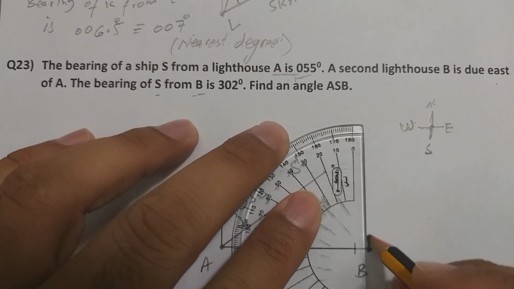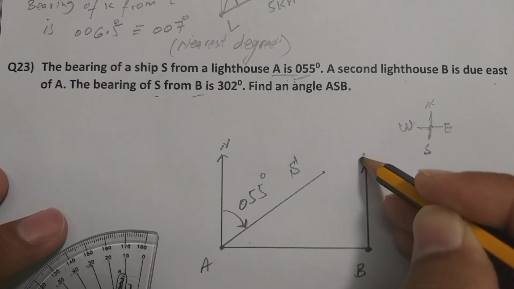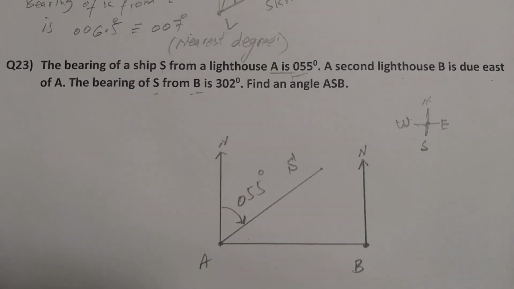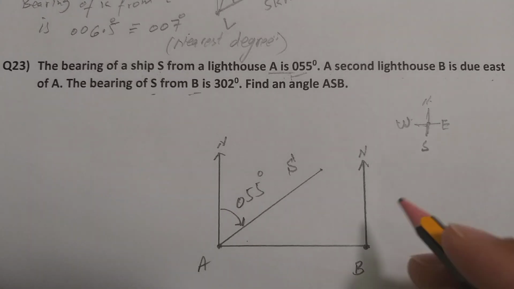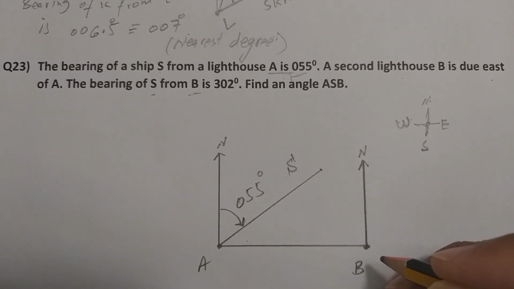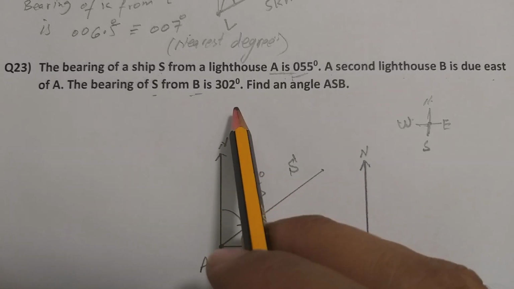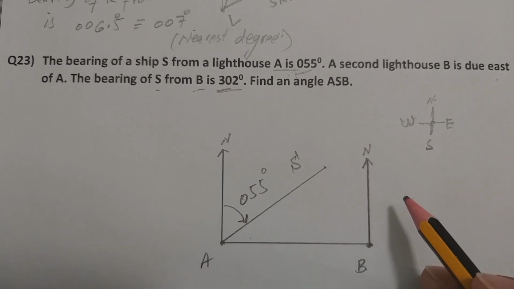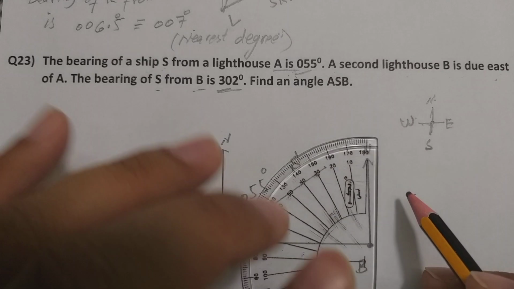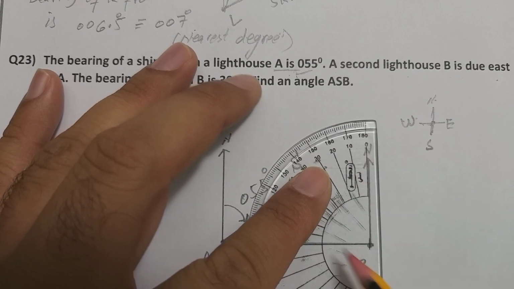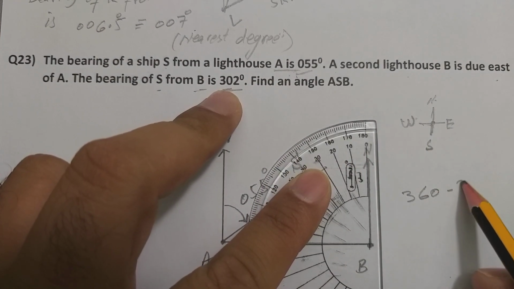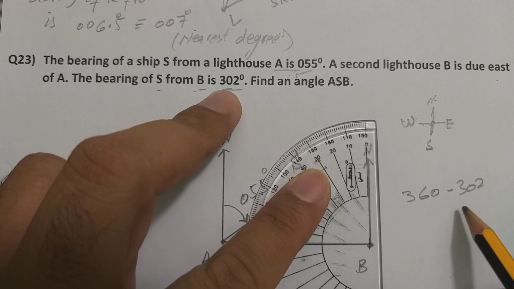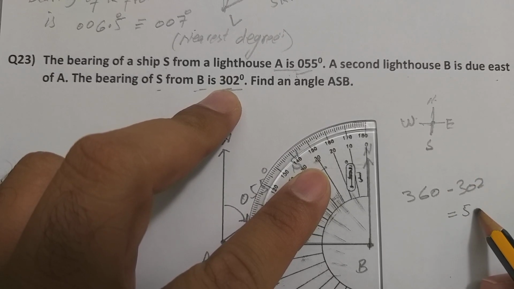So make the north line here on the starting point. This is the common rule: whatever the starting point, we make a north line on it, and we rotate clockwise. Now the given value is 302, and the total around a point is 360. How many units less than that? 360 minus 302 gives us 58.